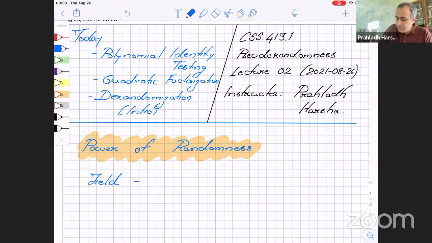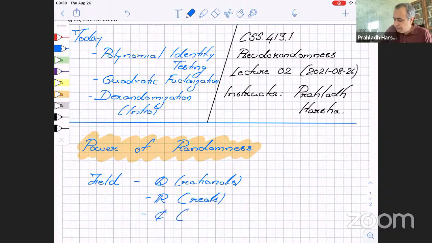There are certain fields we already know quite well: the rationals, the reals, the complexes. We've been using them. So these are some fields.